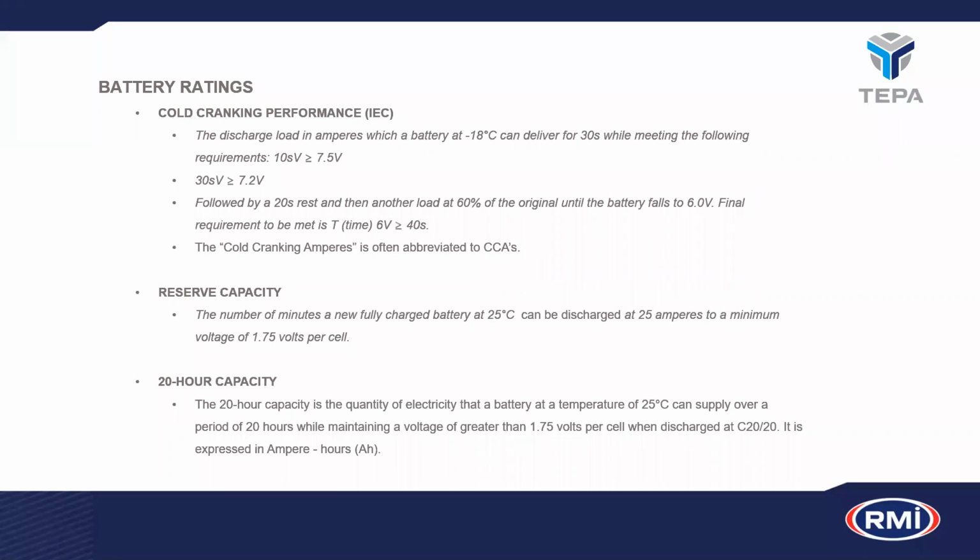It's quite a complex process, but fundamentally the principle of the cold cranking amps is to ensure that the battery has sufficient capability to crank the motor and start it when it's minus 18 degrees Celsius. The colder the motor, the more difficult it is to crank it.